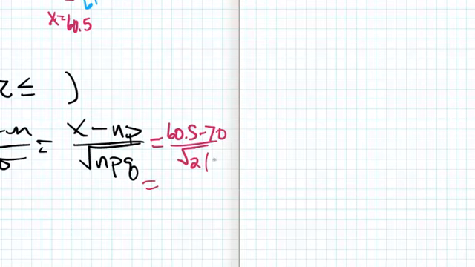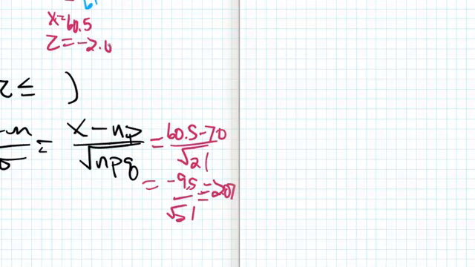Pulling out my handy-dandy calculator, negative 9.5 divided by root 21, and I get negative 2.07. So z equals negative 2.07.